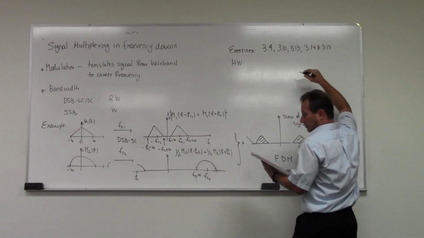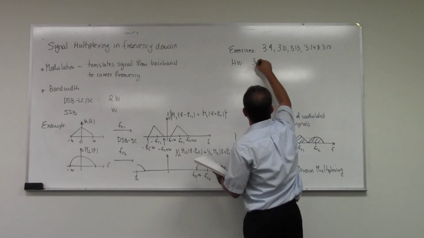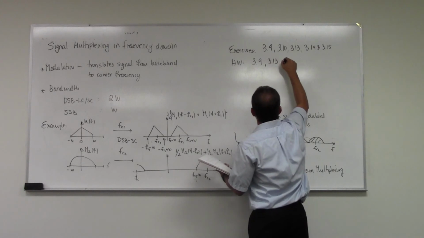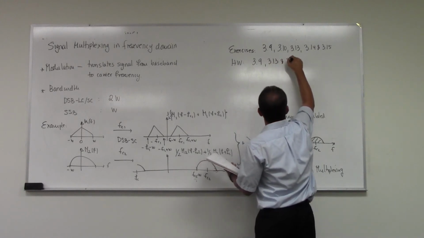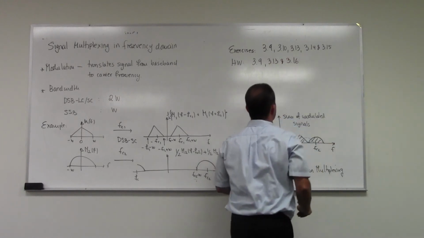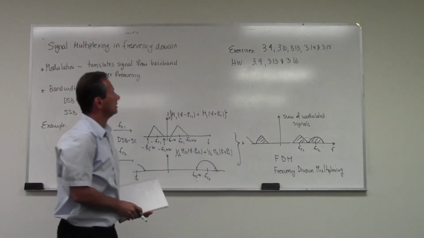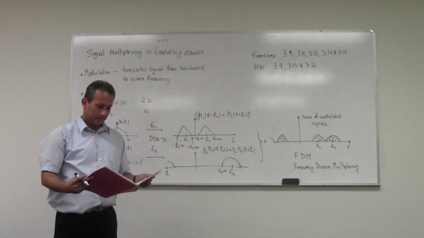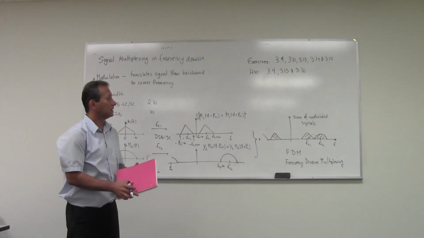And then from your textbook, good problems to look at are 3.9, 3.13, and 3.16. Those problems exercise the material that is covered in this class. Okay, that's it for now.